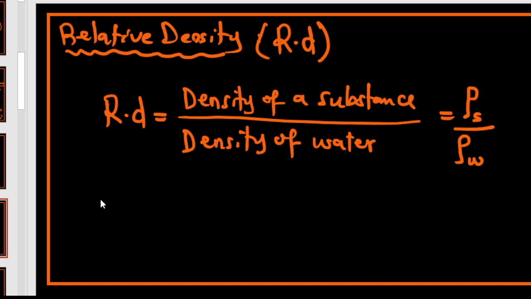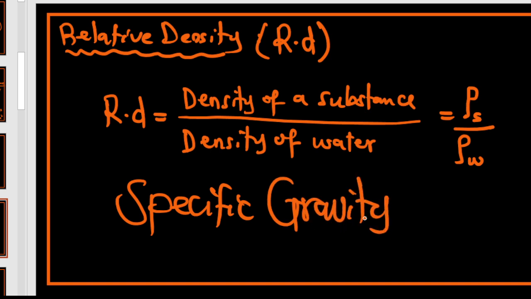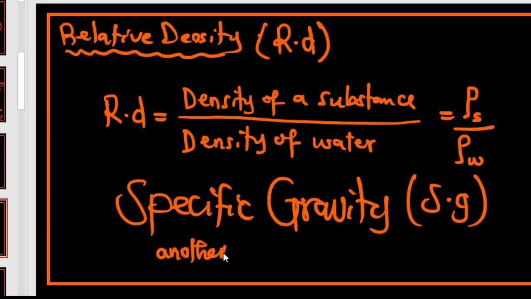Alright, another name for relative density is specific gravity, which is symbolized as Sg. Please take note of that. So when they say specific gravity, they mean relative density.